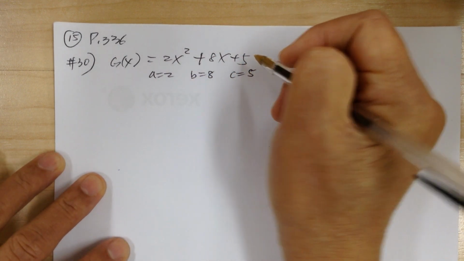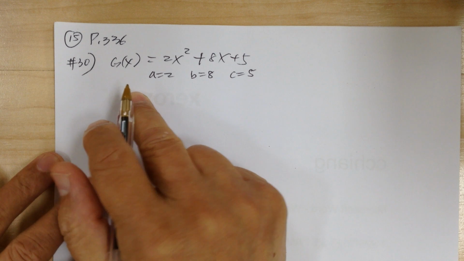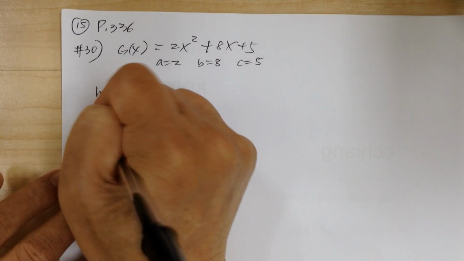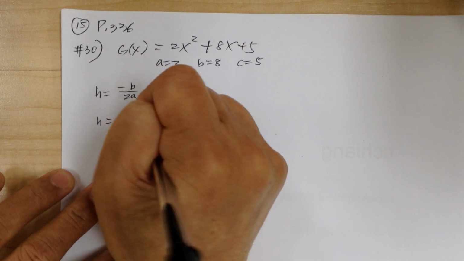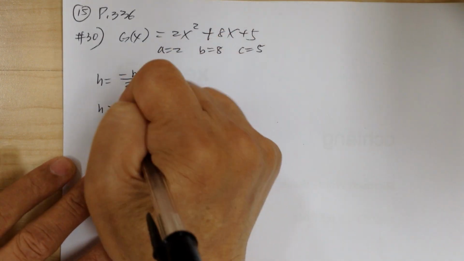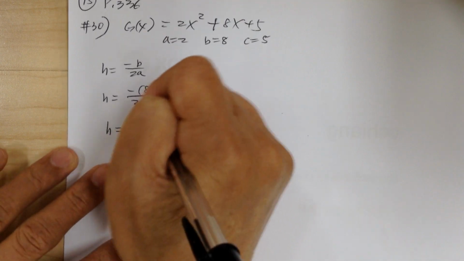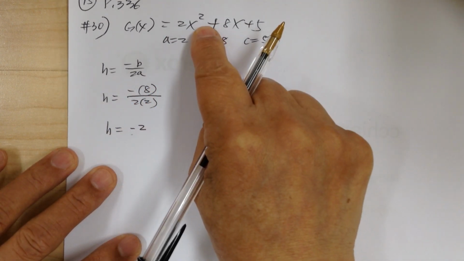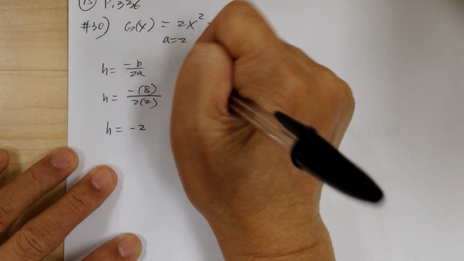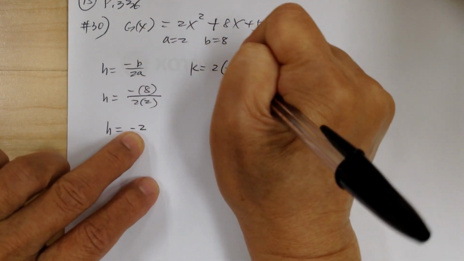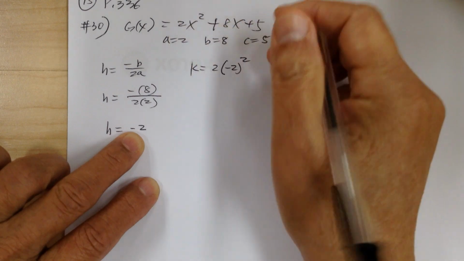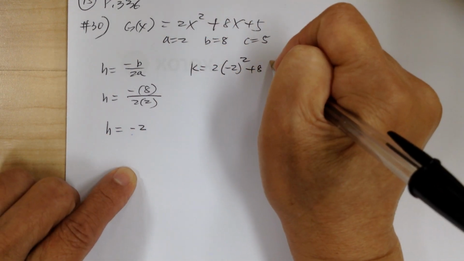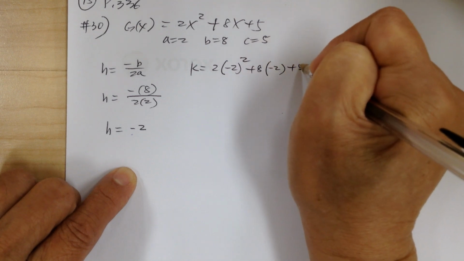To find the vertex, let's find the h first. So h equal to negative b over 2a. So h equal to negative 8 over 2 times 2, so h will equal negative 2. Then you substitute the h into here to get k. So k will equal 2 times negative 2 squared plus 8 times negative 2 plus 5.